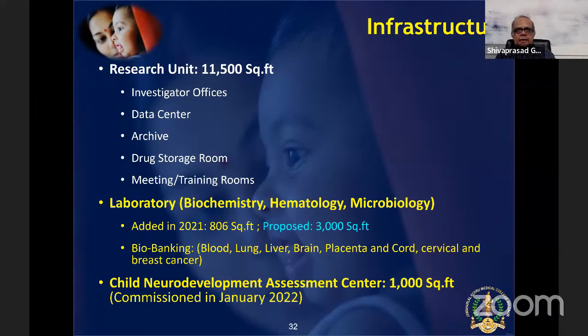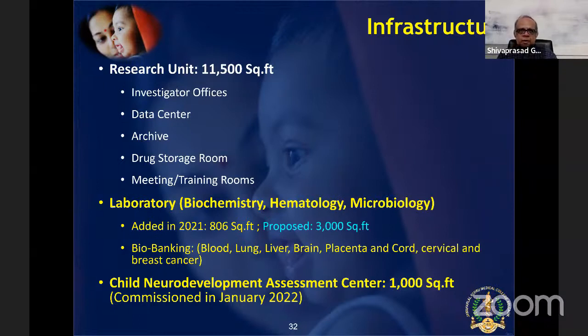We have our own dedicated space for the investigators, the data center, archive, drug storage, training facilities. We have added laboratory capacity in the last 1 year, and we are going to augment it even further in the next 1 year. We are getting into biobanking or biorepositories, and we have our own separate neurodevelopmental assessment center.